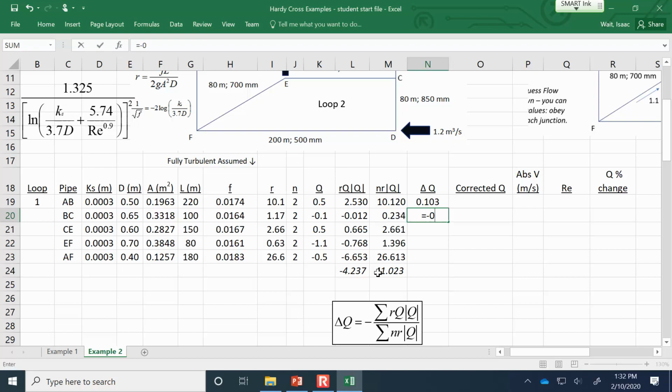So equals minus that divided by this, equals minus this divided by that, and so on and so forth. So then the corrected Q is our original guess plus the delta Q.